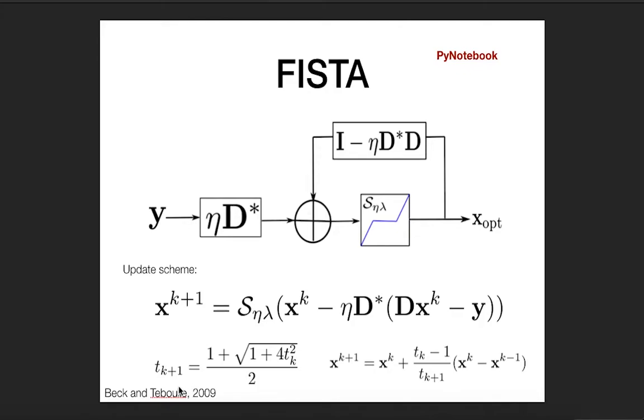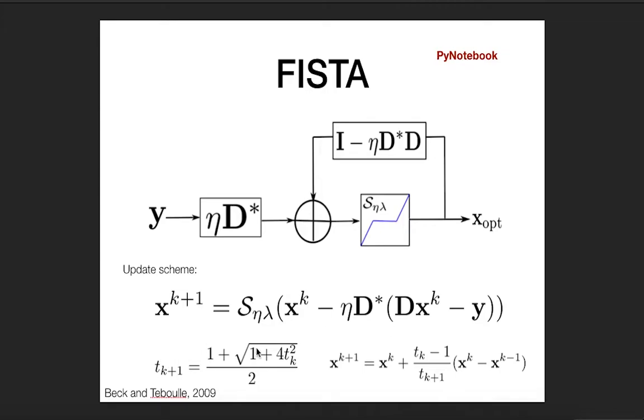You can refer to this paper. Basically, you just update your scheme like this, and it's called FISTA. It's just a very small modification. You're keeping a history x_k minus 1, and you're also giving a weight to that direction from x_k to x_k minus 1. And then you do the same thing over and over.